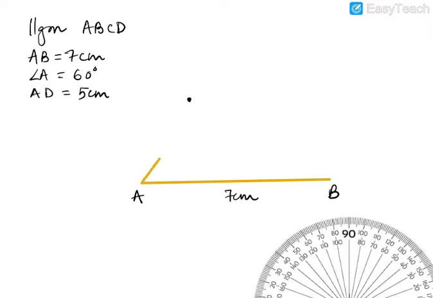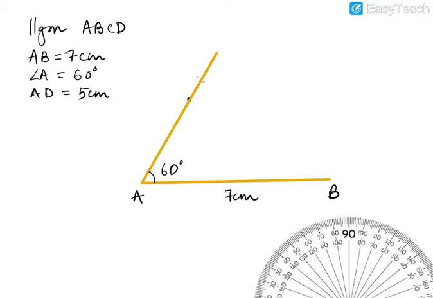Now join point A with this point. So this angle is 60 degrees. Length of the adjacent side AD of this parallelogram is 5 centimeters.